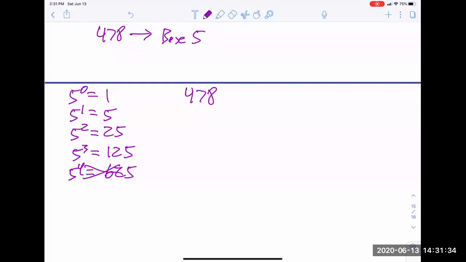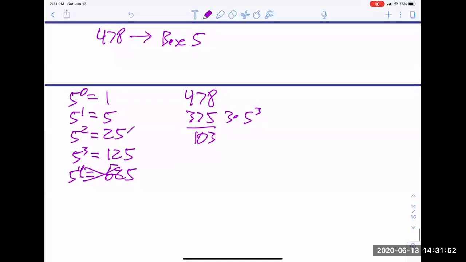But 125 will, and it will do it 3 times. So I have 3 times 5 to the third. I have 5 squareds that will go into 103, 4 of them. Now I have 3 left over.